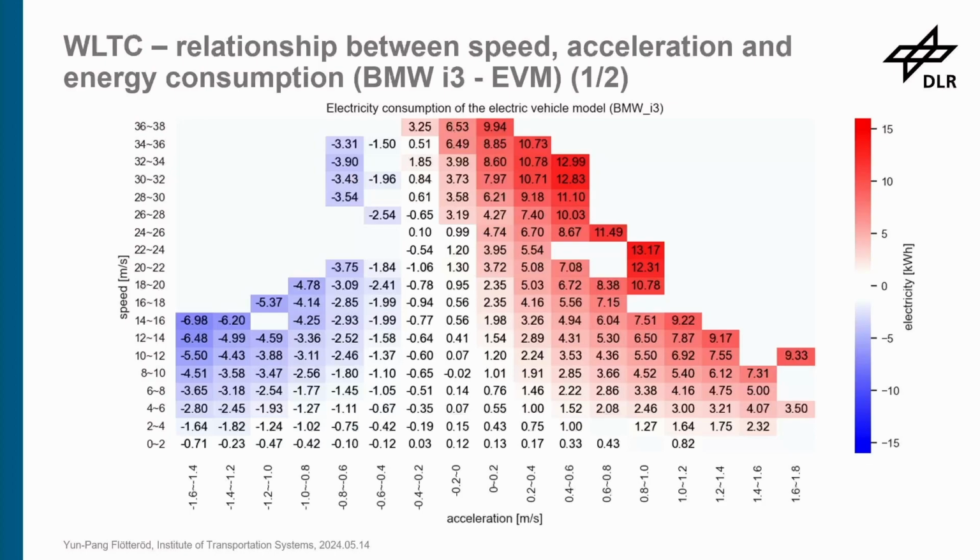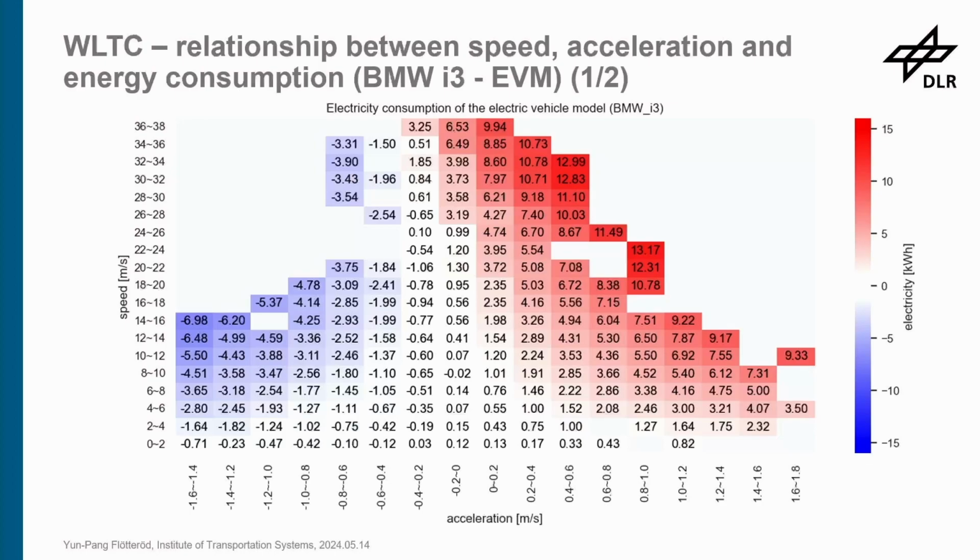And the average of the respective energy consumption is displayed in each cell. The red means positive values, and the blue means negative values. And here you can see EVM can address the energy recovery situation, that's the blue part, and also the energy consumption, that is the red part.